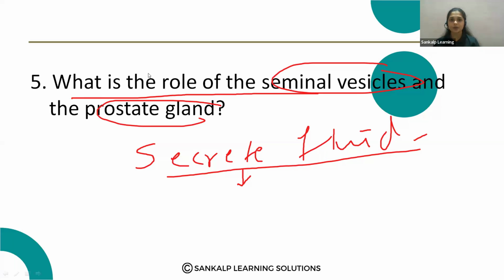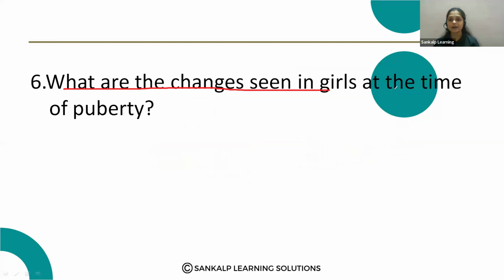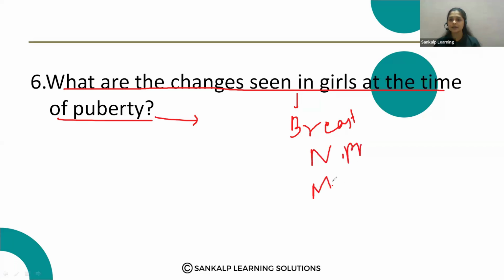Sixth question is, what are the changes seen in girls at the time of puberty? We can observe some changes in boys as well as girls at puberty time, right? During puberty, some characteristics are the same in both boys and girls, but some changes you can observe in the girls are growth of the breast, development of the breast region, darkening of the nipples and the menstruation cycle.